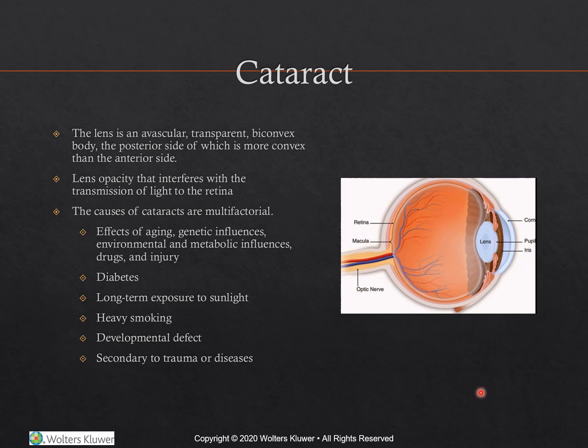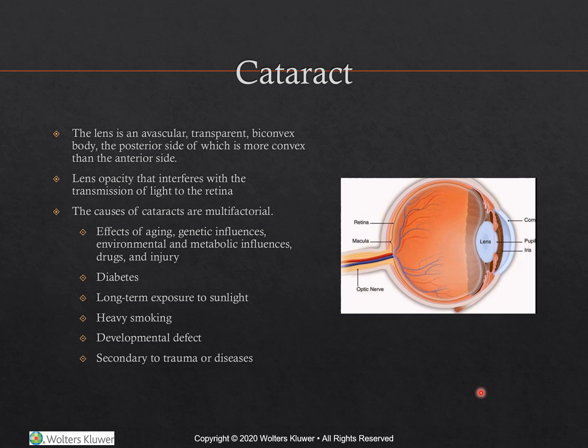There are a lot of different things that can cause cataracts, and the causes are really multifactorial. So things like effects of aging, there are also some genetic influences, there are a lot of metabolic and environmental influences, also things like drugs and injury to the eye can increase incidence of cataract formation. People who are diabetic are at higher risk.